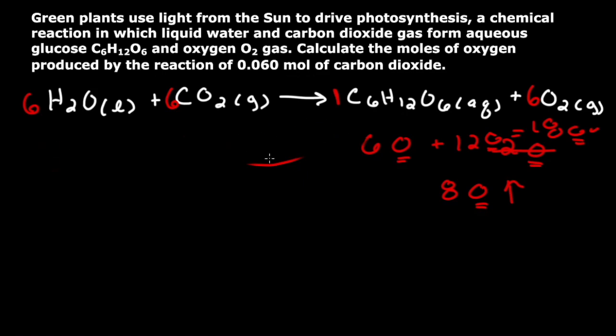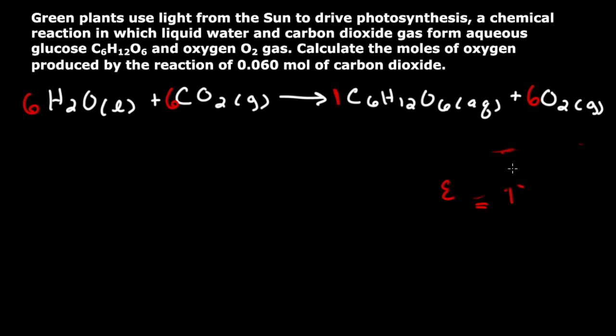Now that we've balanced this reaction, what you want to do next is put down what you're given as part of this problem under each reactant. For example, see how I have 0.06 moles of carbon dioxide? I'm going to put that under this one right here. So I'm going to say I have 0.06 moles of CO2, and then what I like to do is put what I'm going to find as a question mark under that chemical.